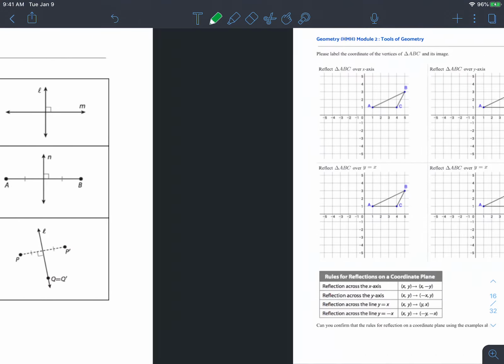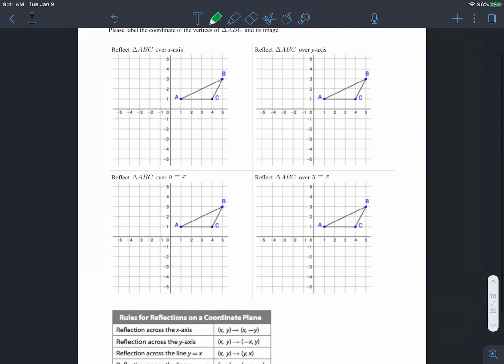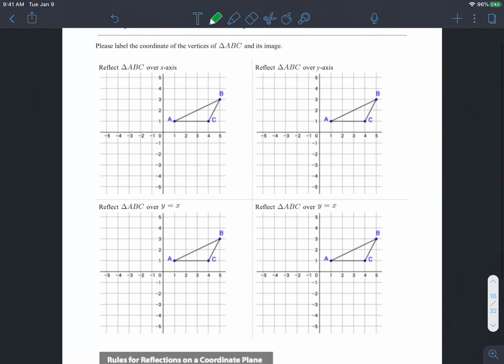All right? So in this particular case, what I want you to do is there are 4, that's it? Okay, wow. It's more than that, but here it goes, guys. So we got 4 pictures. We have ABC that's reflected over the x-axis. So that's a line of symmetry right there. So whatever is here has to be a mirror image this way, right?